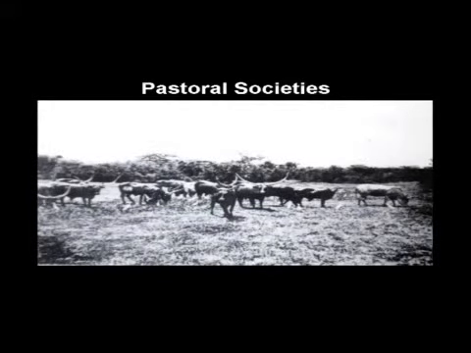The third stage is pastoral societies. Horticultural societies developed in the fertile region, while the pastoral societies had been developing in arid regions of North America, Middle East and Central Asia.